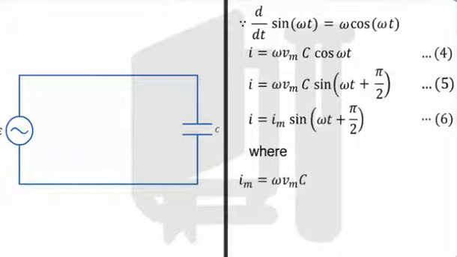The amplitude of the current, Im, can also be expressed as amplitude of voltage, Vm, divided by 1 by omega C. Let this be equation 7.